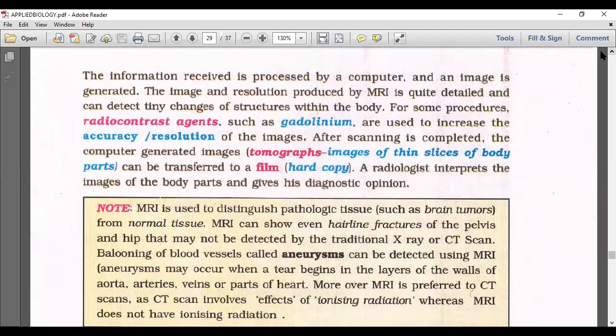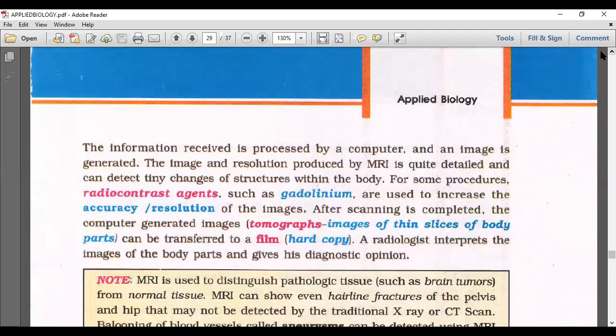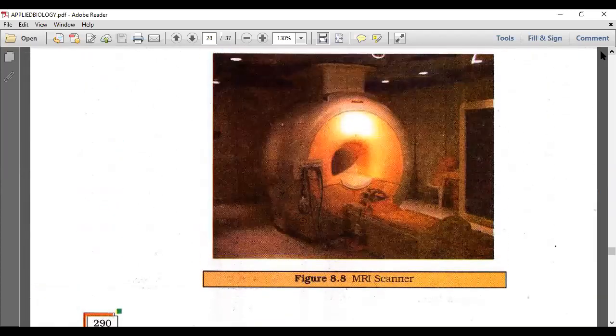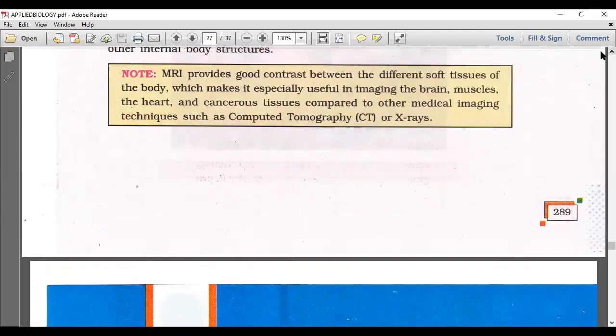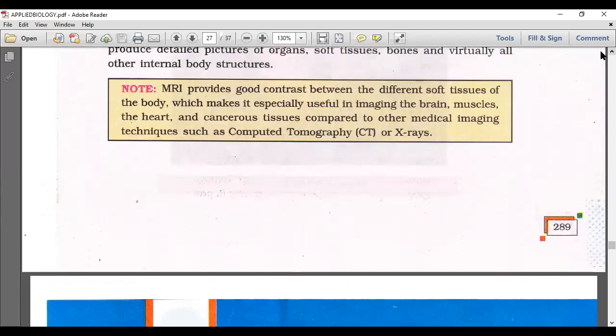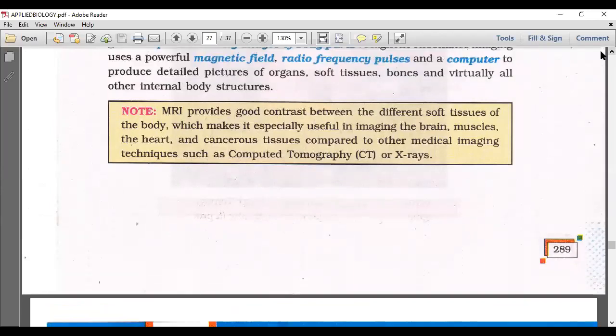So that's it about the MRI, magnetic resonance imaging. The first thing, the mechanism you have to remember, and the second thing, where it is going to be used. Okay, so we have some small box item that we'll read also. MRI provides a good contrast between the different soft tissues of the body, which makes it especially useful in imaging the brain.